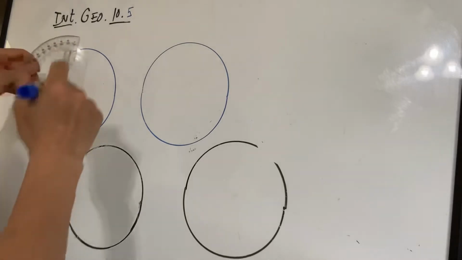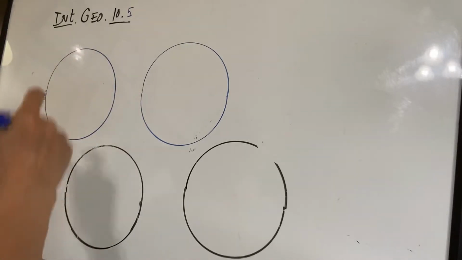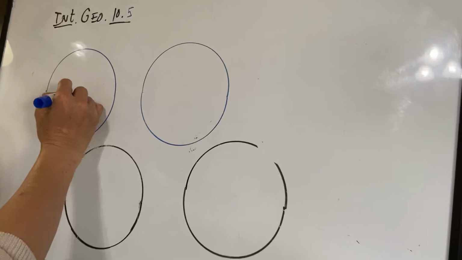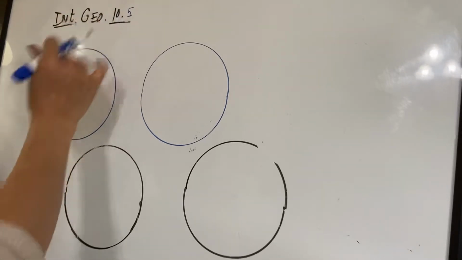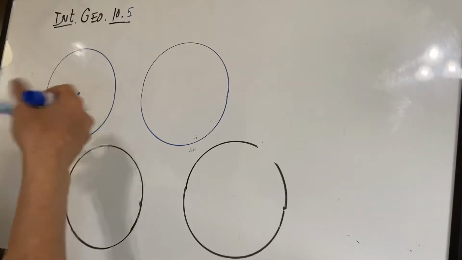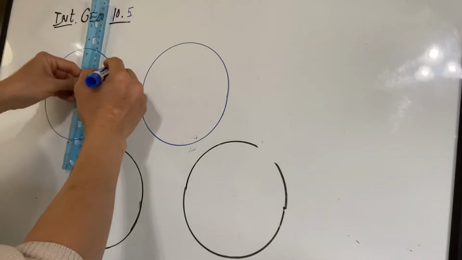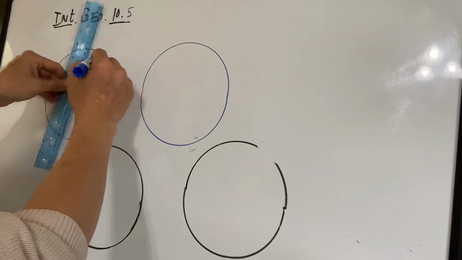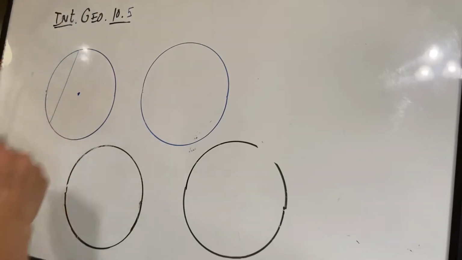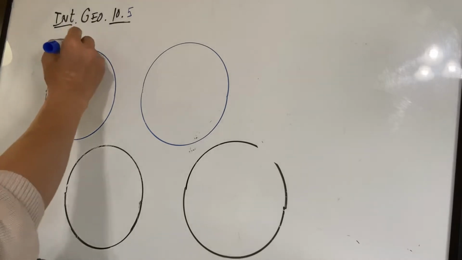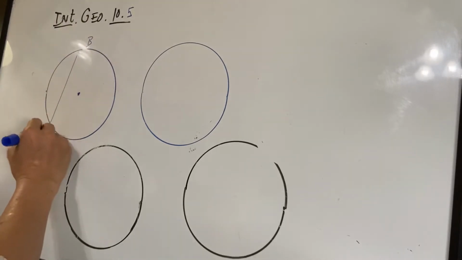Suppose you have a circle with center C. Now, suppose you have a chord, and that chord is BA.